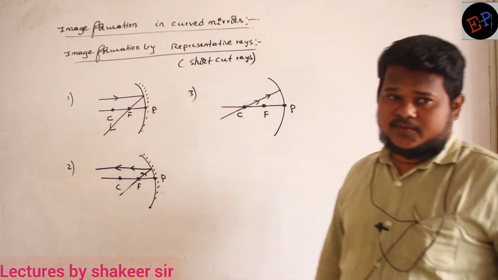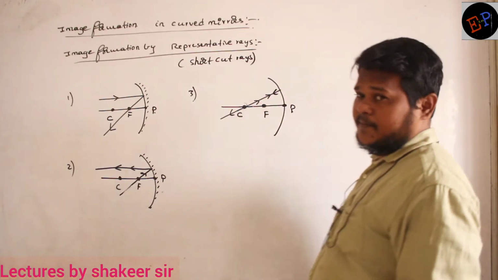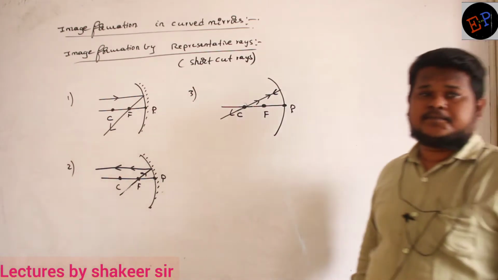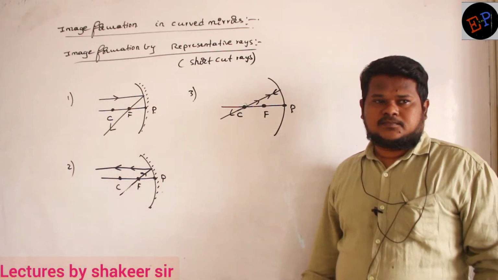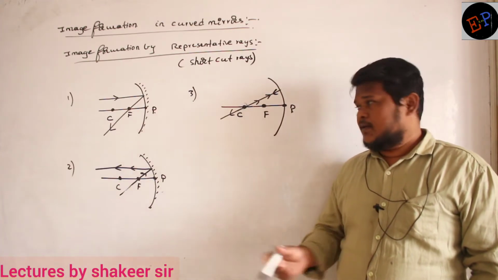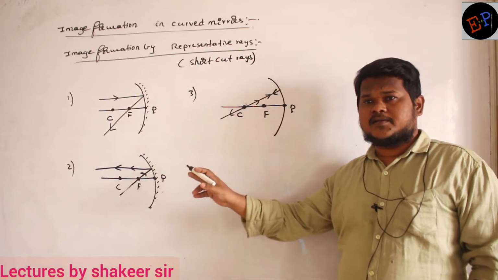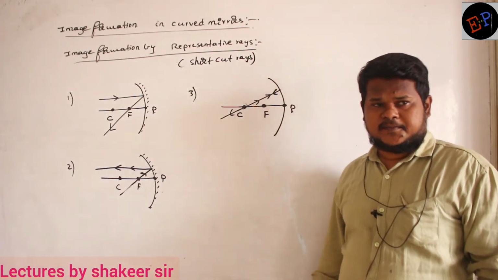Same path. So she is saying that it will return in the same path. How can you say? Correct, what you are saying is correct, but what is the reason? A light ray passing through the center of curvature retraces the path. It means again it returns in the same path. How can you say?